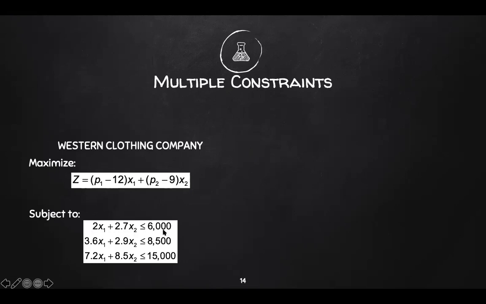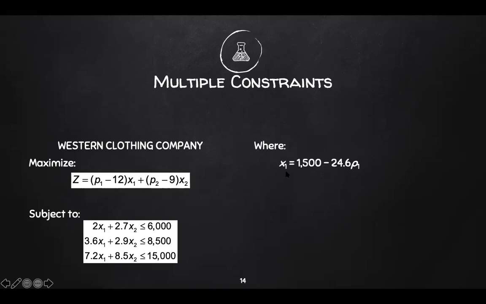This is the cloth or the materials constraint. 3.6x1 plus 2.9x2 is less than or equal to 8,500. This is the cutting constraint. While the third is 7.2x1 plus 8.5x2 is less than or equal to 15,000. This is the sewing constraint. So cloth, cutting, and sewing.